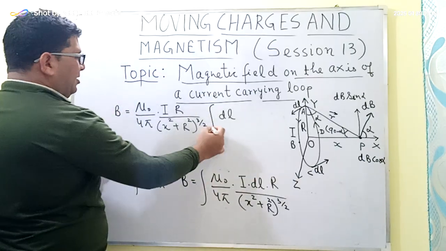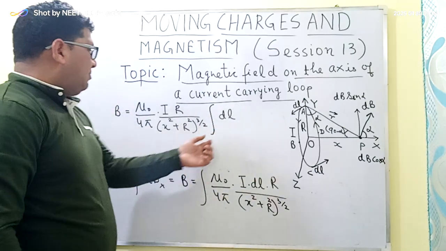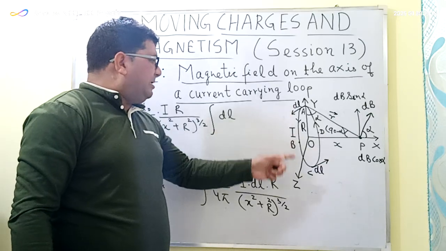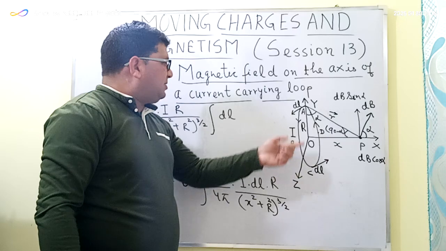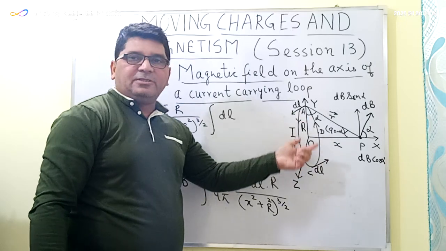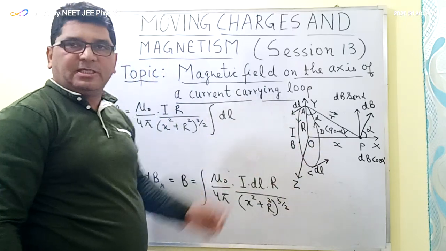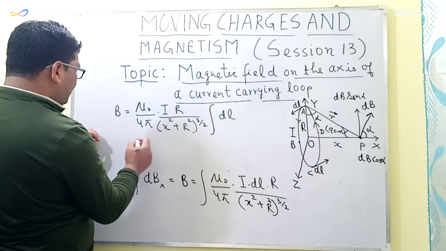Now, integration of dl means what? It is a summation of all the conducting elements which make up this current carrying loop. So if I add all these small conducting elements dl, then it will be equal to the circumference of this current carrying loop, which is 2 pi r.